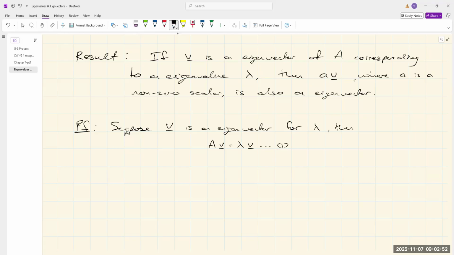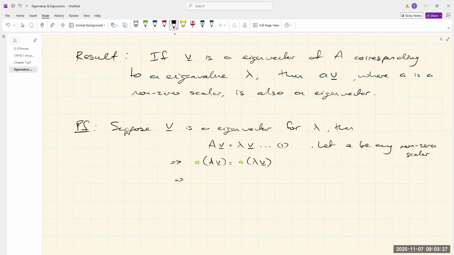Let's just multiply both sides by a. So let a be any non-zero scalar, any non-zero number. Multiply both sides by a: a times A times V equals a times lambda V.